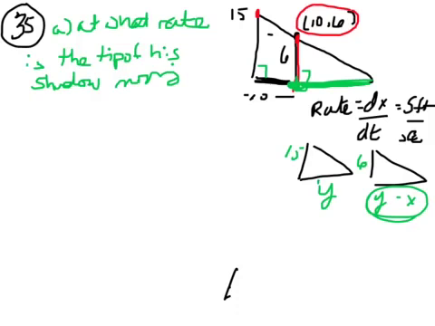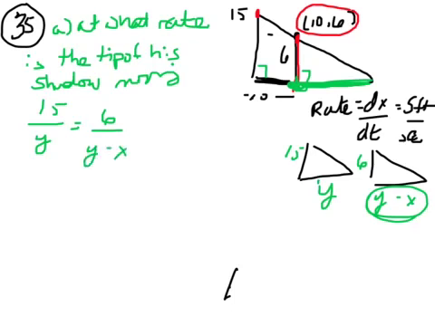So what we've got is two similar triangles. However you wanted to build your proportion, I'm going to say 15 goes to y the way that 6 goes to y minus x, just comparing those sides of those similar right triangles.